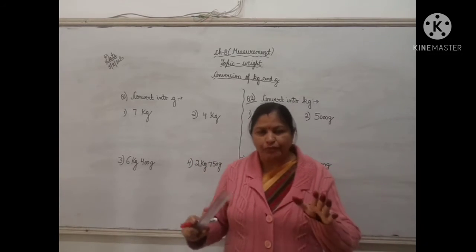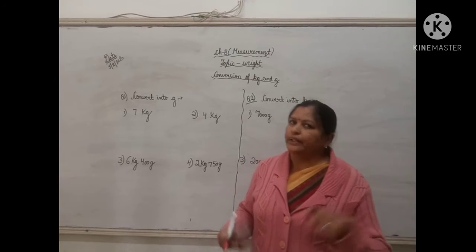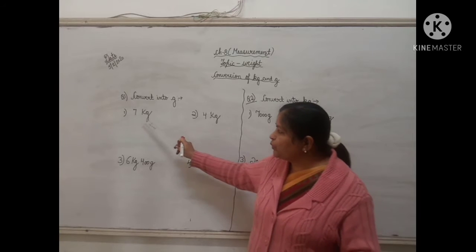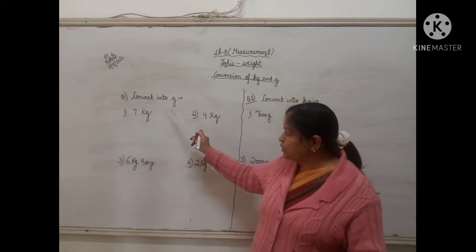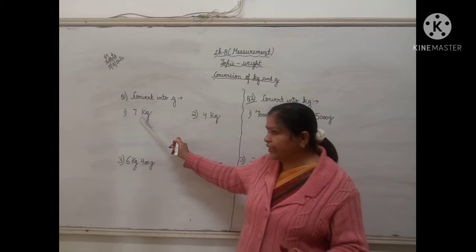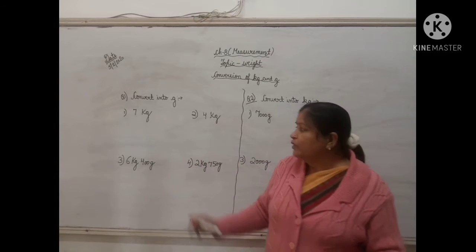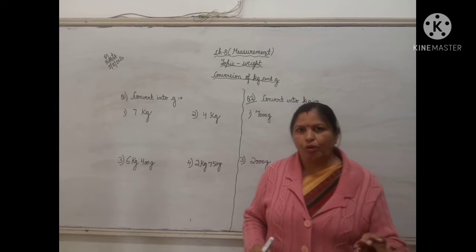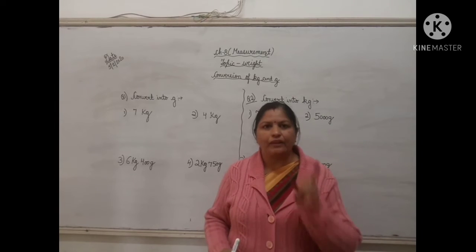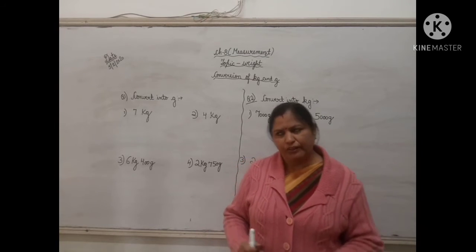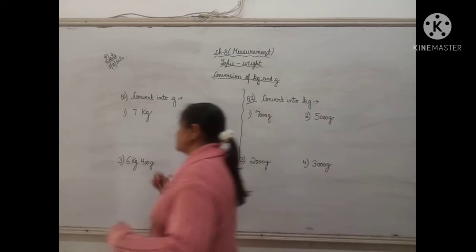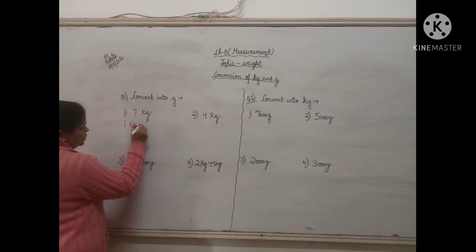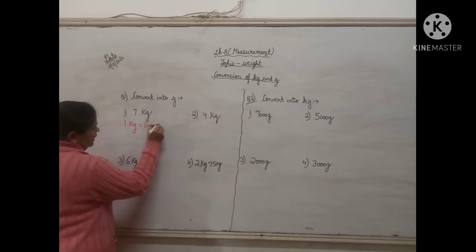Children, whenever we have to convert bigger unit into smaller unit, we will multiply. So here also we have to convert bigger unit into smaller unit, means we have to convert kg into gram. So the first sum is 7 kg. For that we will write the formula as I explained earlier, that 1 kg is equal to 1000 gram. So first we will write 1 kg equals 1000 gram.